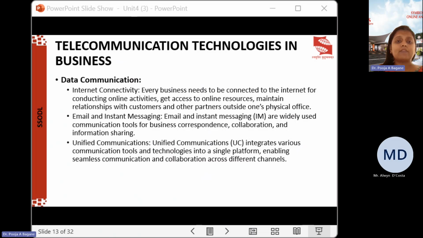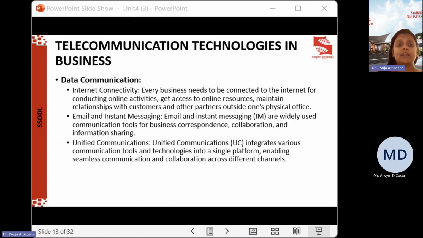Instant messaging platforms enable real-time text-based communication between users, facilitating quick discussion, file sharing, and group chats. Businesses utilize instant messaging for team collaboration, customer support, and informal communication among employees.